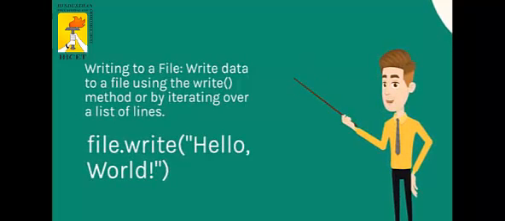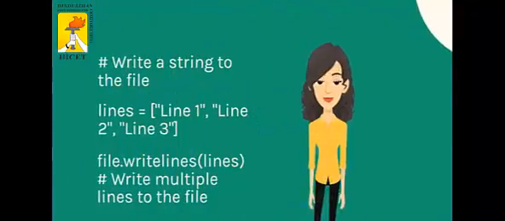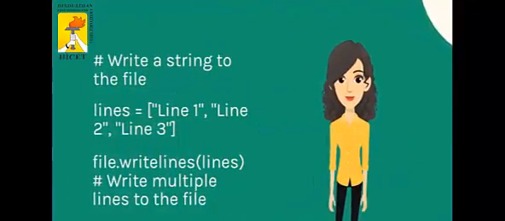In this example, some statement, hello world, is written to the file by using the write method, and file is the variable which we use for the file. The file.write method is used to write some data to the file. And next one, writing multiple lines to the file.